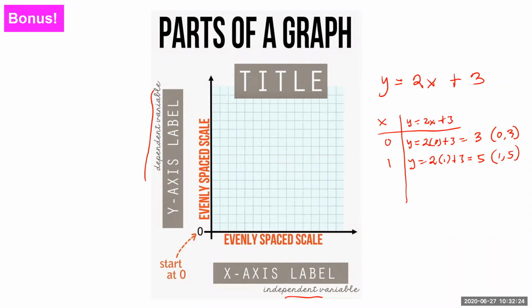Now I can decide to choose any number for x, and look at the corresponding value of y. Okay, and these pairs of coordinates, x and y, can be put on a graph and we can draw the slope. Now you realize that as we change the value of x, the value of y also changes.